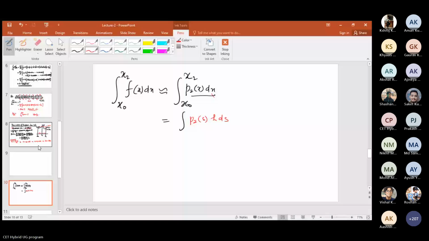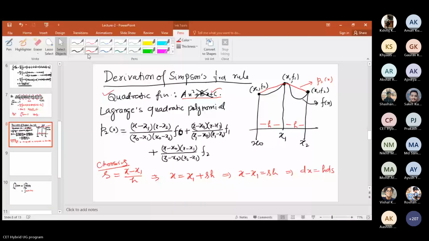What I want to find out here is x0. If you see x0 with reference to x1, x0 plus h equals x1, correct?